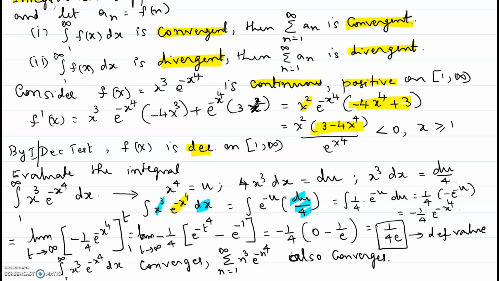In this case, we established the function is continuous and positive, and by applying the increasing-decreasing test, we showed the function f of x is decreasing. We proved all that over here, and then we evaluated the integral that turned out to be a definite value, and because it turns out to be a definite value, the integral is convergent, and hence the series is also convergent. You may want to show all the steps here.